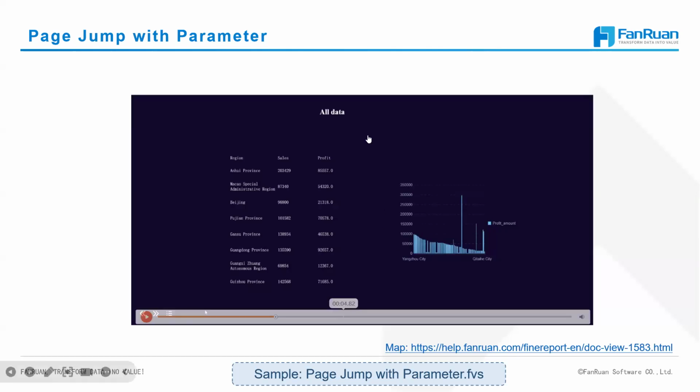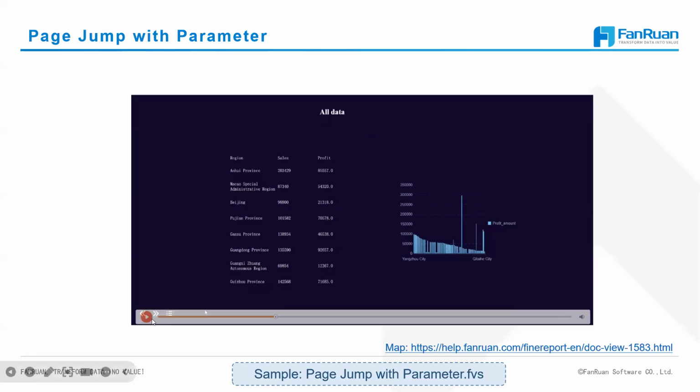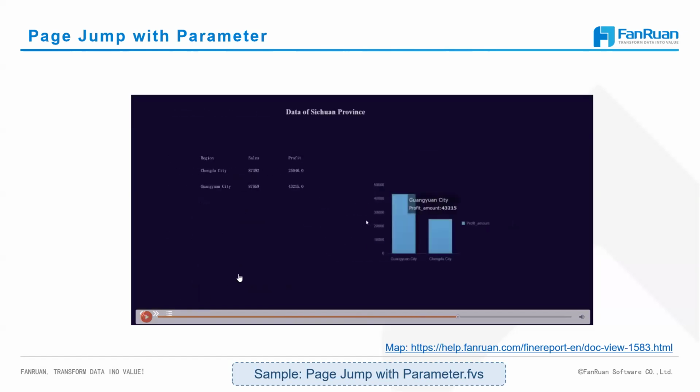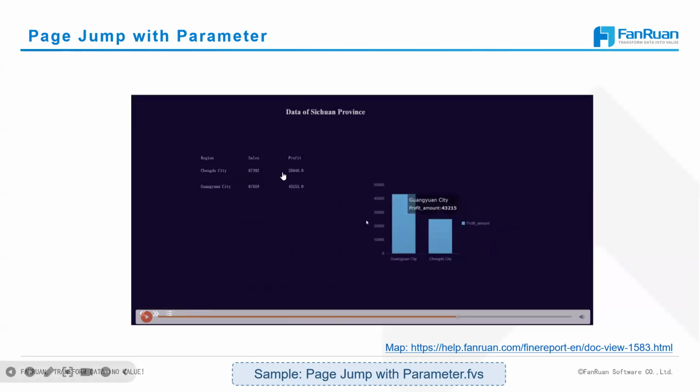By default, I just jump to the second page by the built-in button, without any parameter passing. But next, I'm going to click one area to jump, and in the meantime pass the parameter value, so that in the second page it will display the corresponding area information. That's the effect of jumping and passing the parameter.